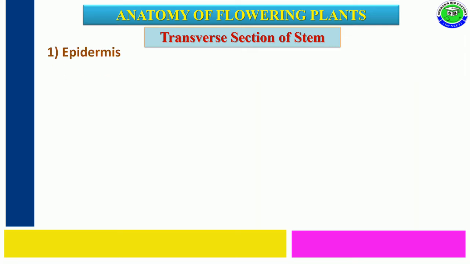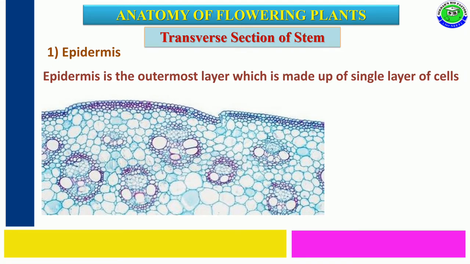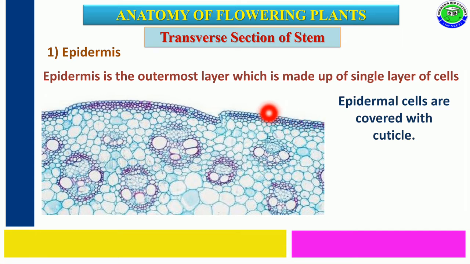The first part is the epidermis. It is the outermost layer of the transverse section, made up of a single layer of parenchymatous cells. This epidermis is covered with a waxy layer outside of the cell, called cuticle. In its transverse section, the epidermis may consist of a few stomata.